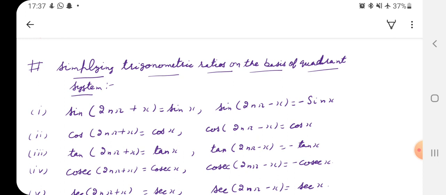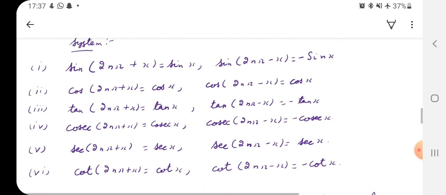That means sine of 2n pi plus x will be equal to sine x, cos of 2n pi plus x will be equal to cos x, tan of 2n pi plus x will be equal to tan x, cot of 2n pi plus x will be equal to cot x, and cosecant of 2n pi plus x will be equal to cosecant x.